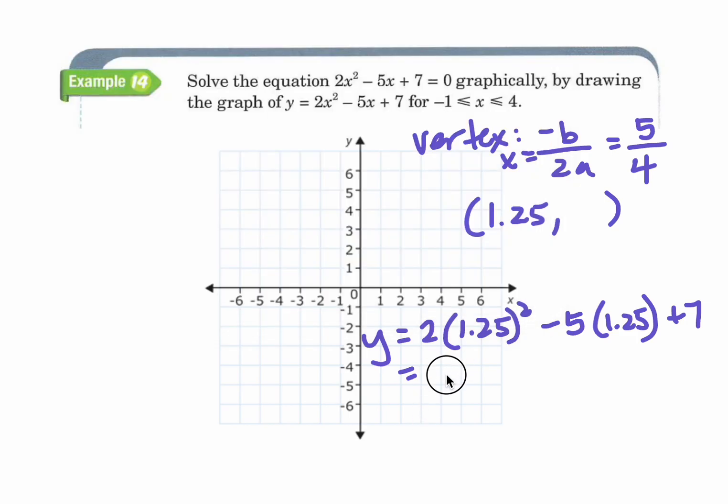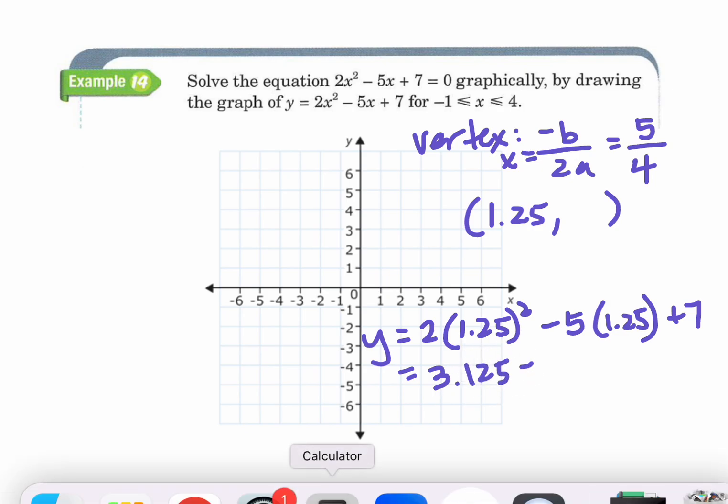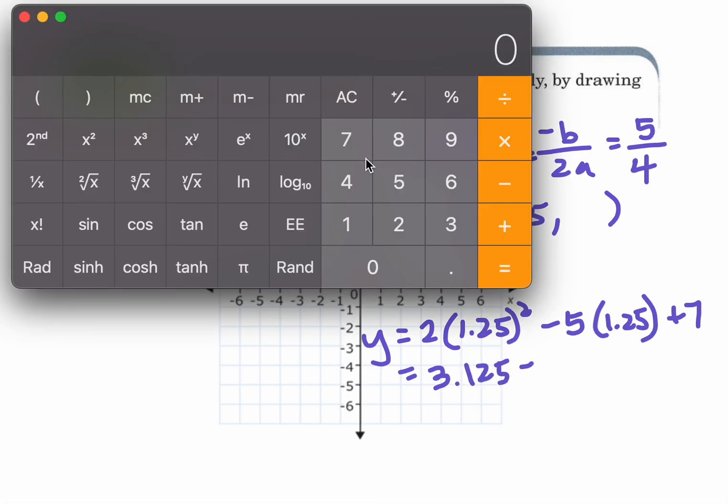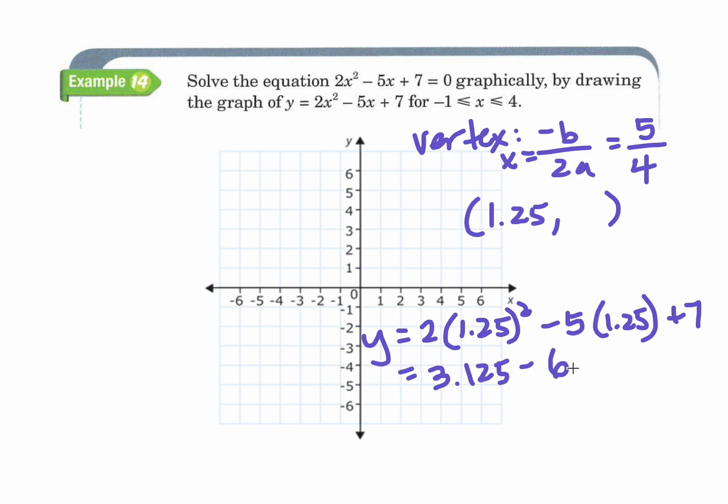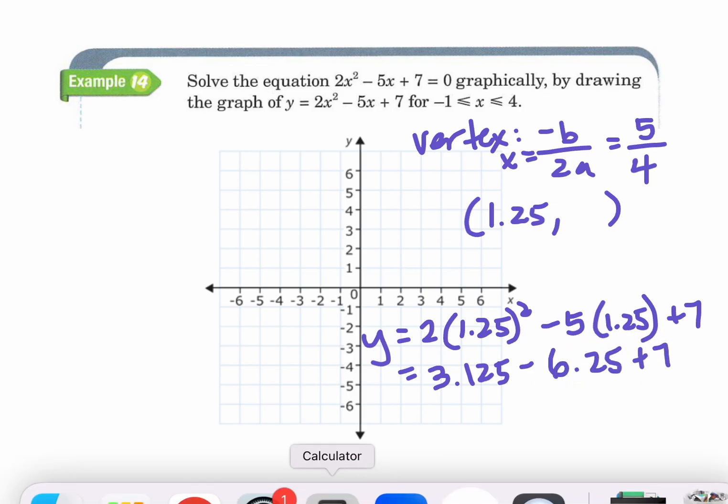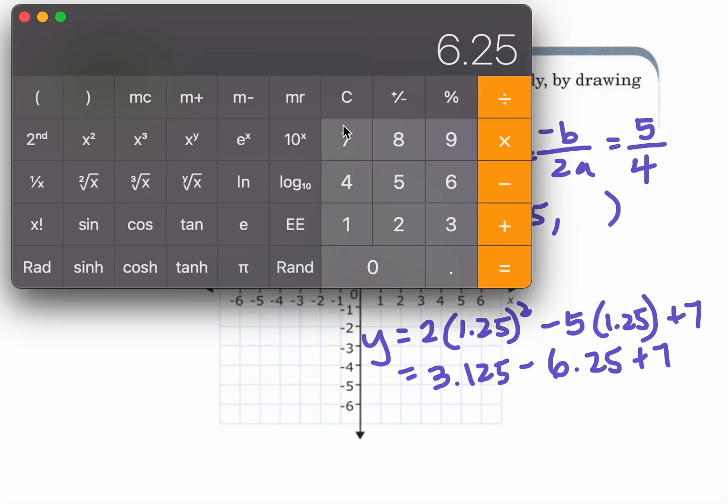So that's 3.125, right? Yes, okay. And then minus 5 times 1.25, so minus 6.25 plus 7.